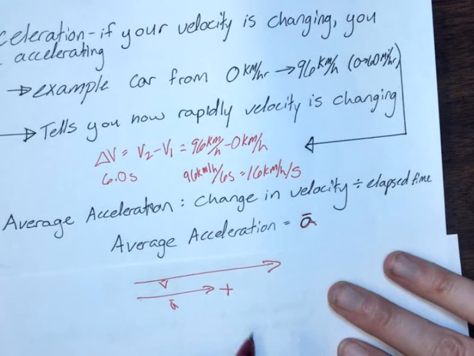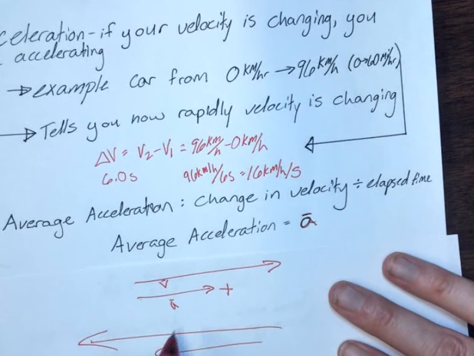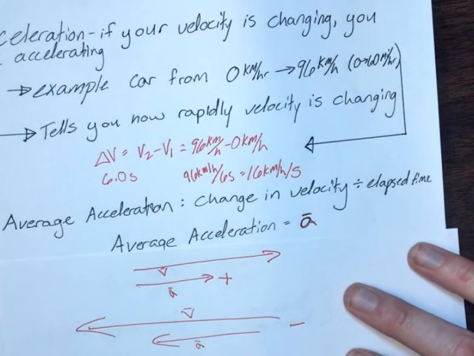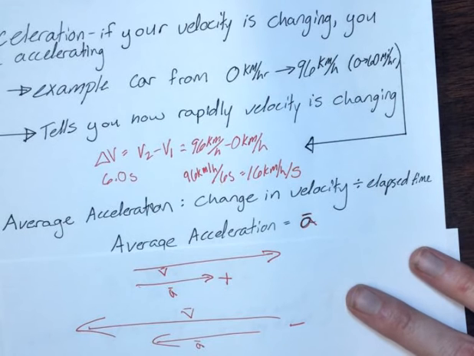If you're moving in that direction and your acceleration is in the opposite direction, then we would say that you had a negative acceleration. So your acceleration is either positive or negative. That positive and negative value, it's very important for you to know, just tells you what direction your acceleration is happening in. And we only need the positive and the negative because we only are dealing with one dimension. So that means it's either positive on the axis or negative on the axis.